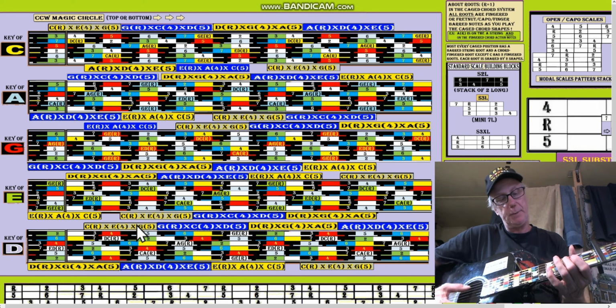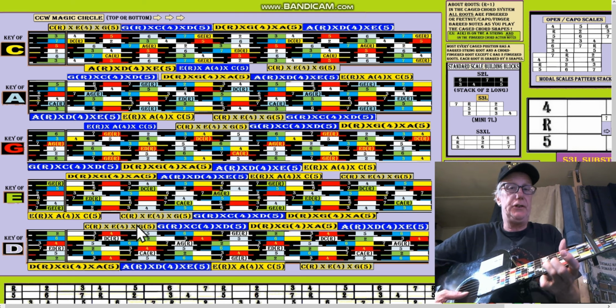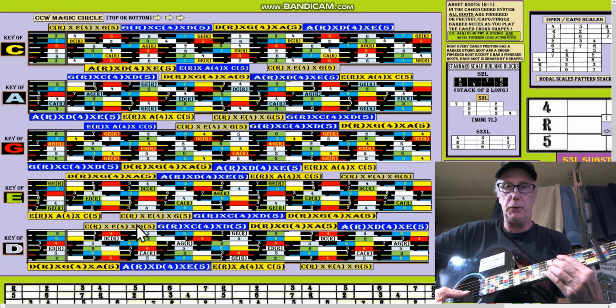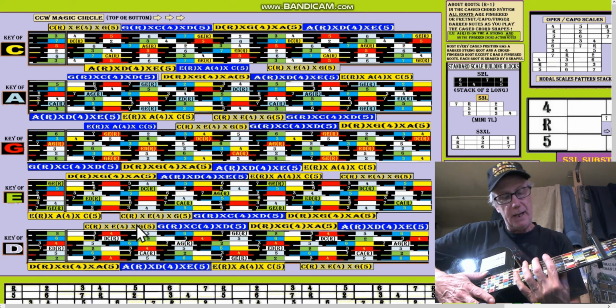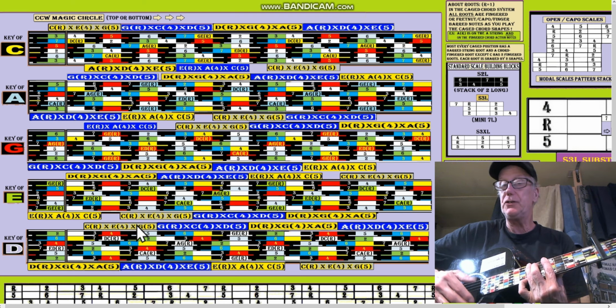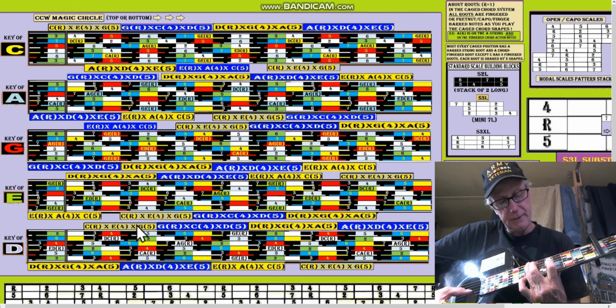And then up here again, with the A-shaped C, you've got the A-G root, because not only is it a fingered root off of the A-shaped C, if you bar it here and play a G-shaped C, it's right there.